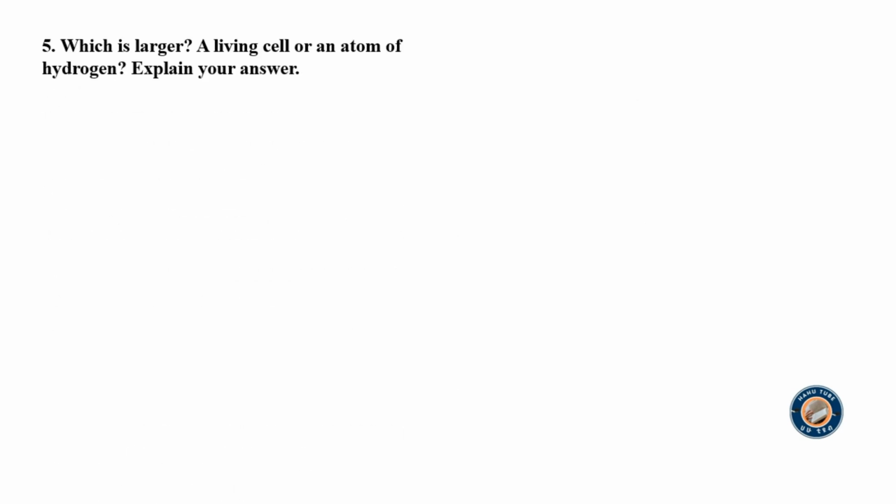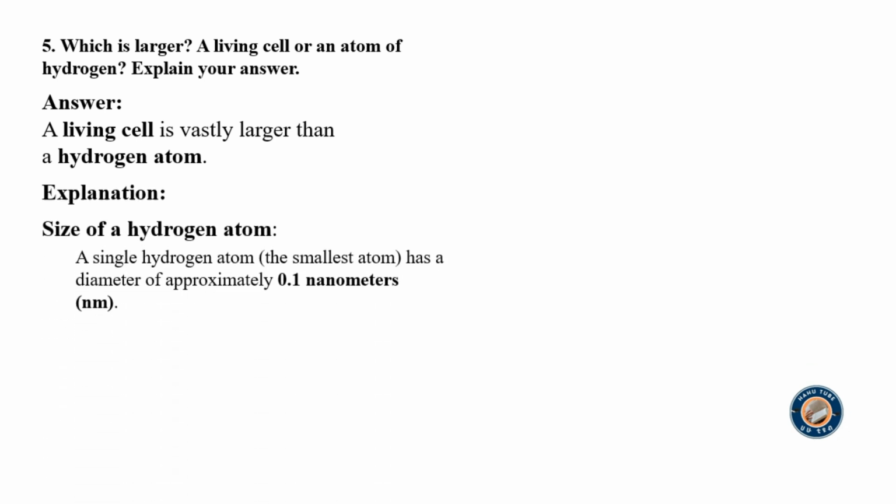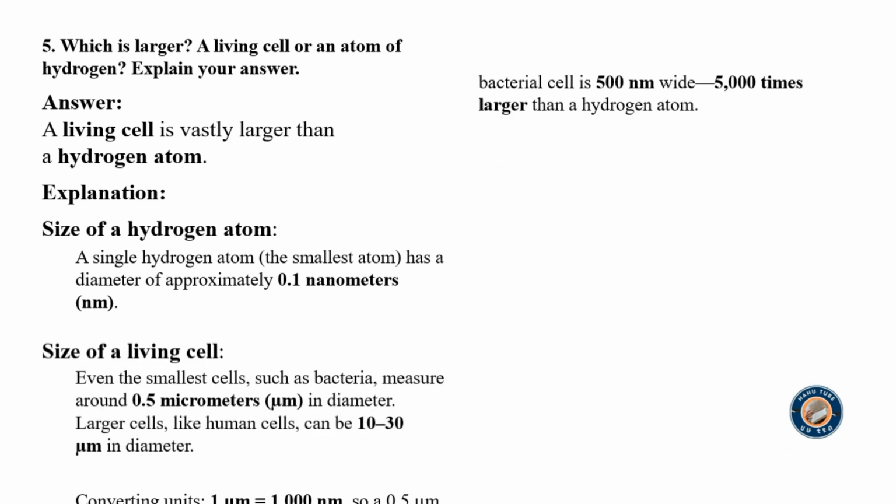Question number 5. Which is larger, a living cell or an atom of hydrogen? Explain your answer. The answer is a living cell is vastly larger than a hydrogen atom. A single hydrogen atom, which is the smallest atom, has a diameter of approximately 0.1 nanometers.